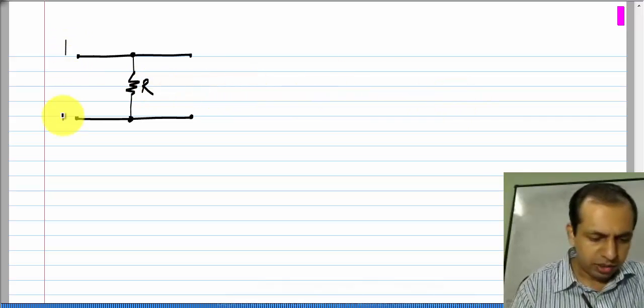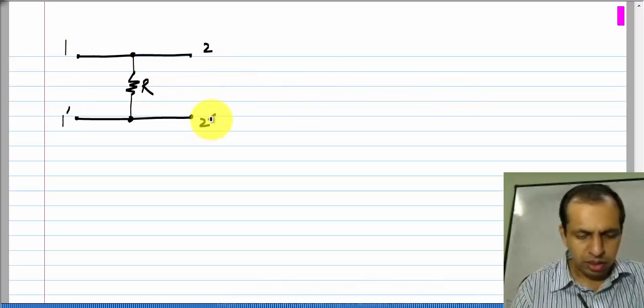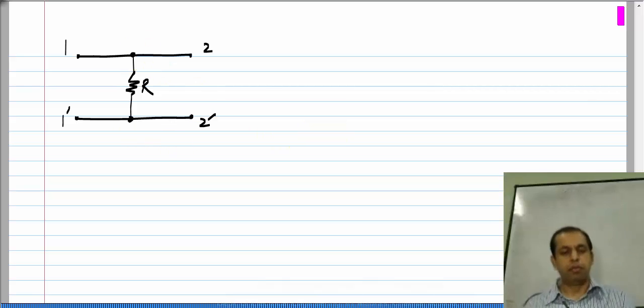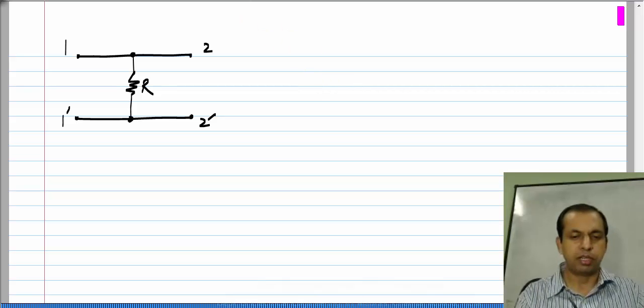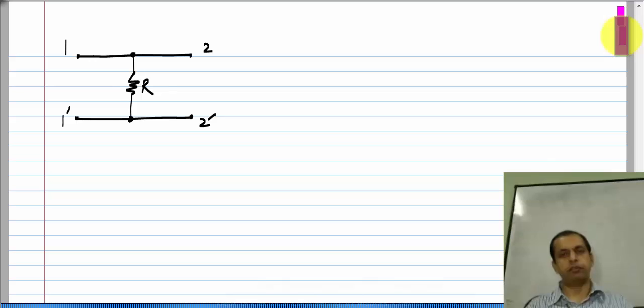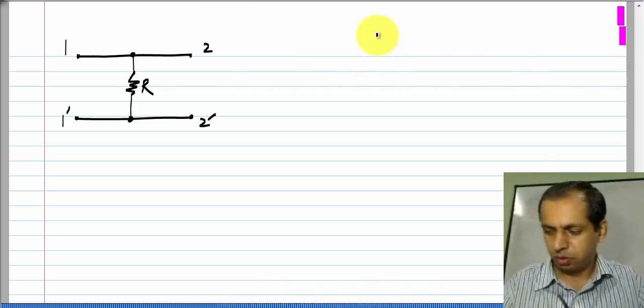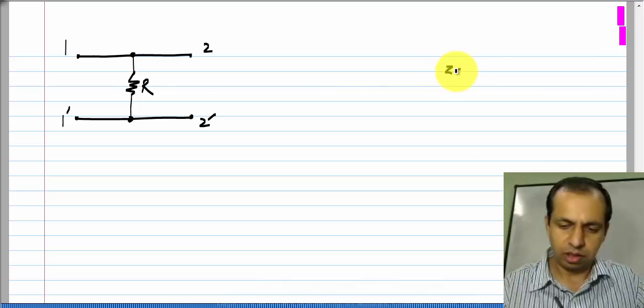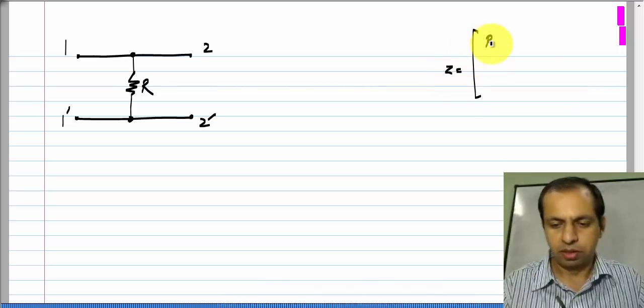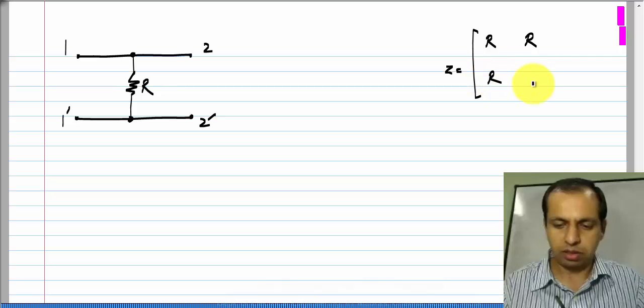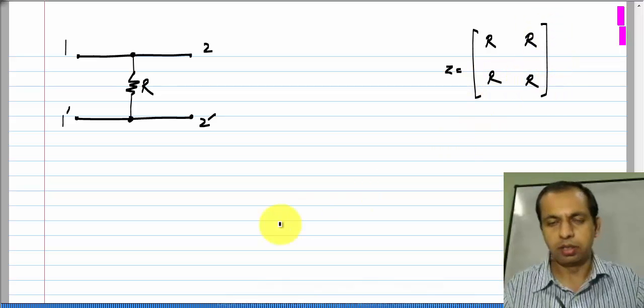Okay. In this case, I have the resistance connected in parallel between 1 1 prime or 2 2 prime, and 1 1 prime and 2 2 prime are the same terminals, but that does not matter. I can define the 2 port in any which way I want. Okay. Now, in this case, you will find that the z parameters will be r, r, r and r.